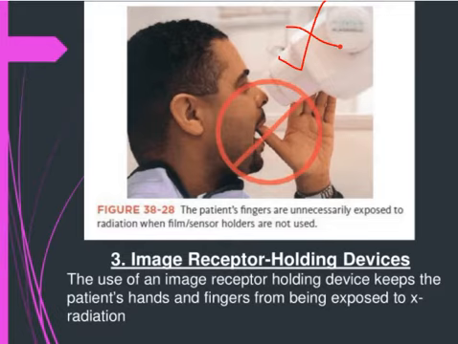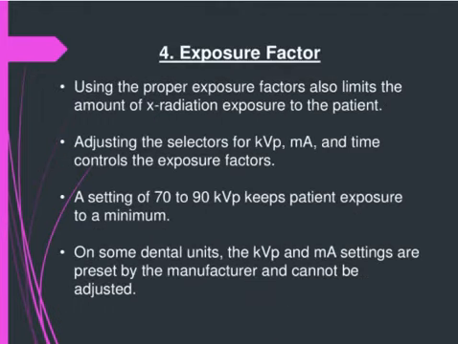So always, if possible, try to use image receptor holding devices rather than the patient's finger being exposed to radiation. You can have disposable holders or sterilizable holders. If your clinic has any of them, then you have to use it for better practice.